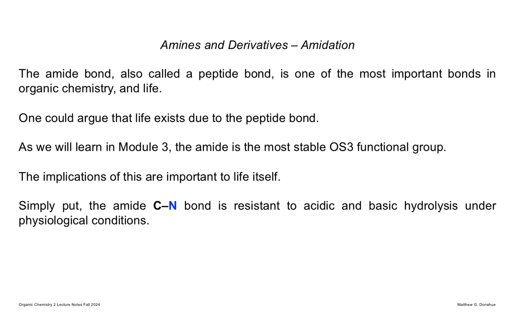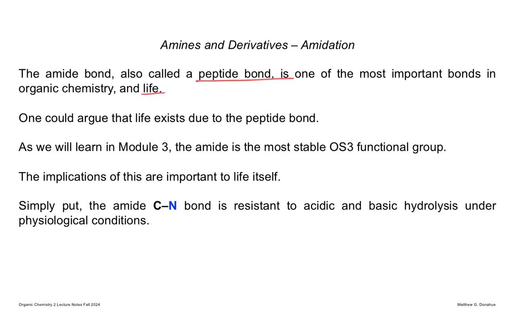So the amide bond is also called the peptide bond in biochemistry, and it's arguably one of the important bonds in organic chemistry and life because essentially the enzymes carry out reactions in our body, and they're made up of sequences of functional groups with peptide bonds.